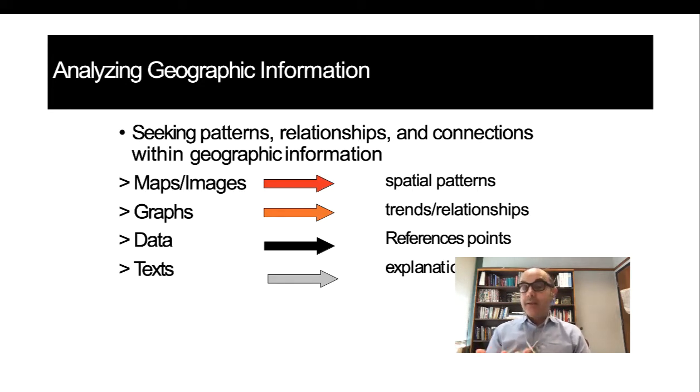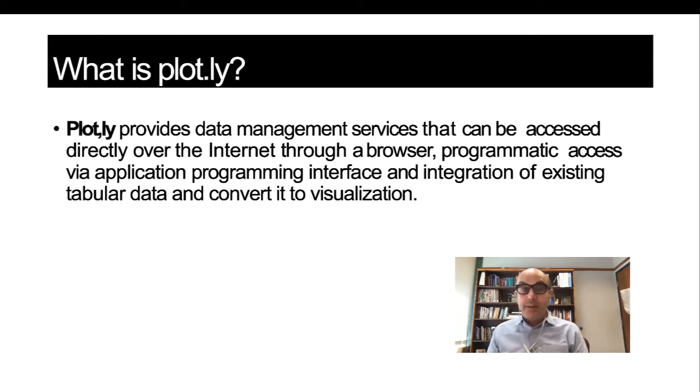We talked about graphs, the ability to show trends or relationships. The data in a map usually refers to points, and the text gives the ability to explain, to give more information to the user who is not familiar with the subject.